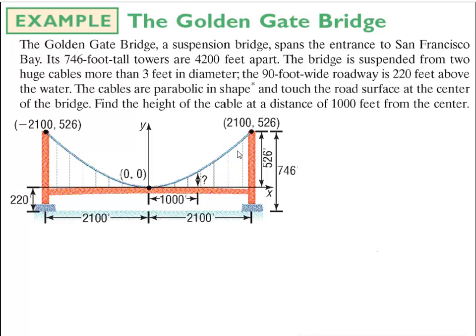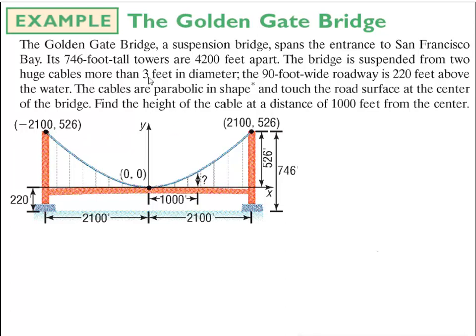Again, they tell me that the towers are 4,200 feet apart, so we're looking at 4,200 feet total distance. So half of that distance gives me to the origin, and then the other half. So this is going to be negative 2,100 on the x-axis, and this is going to be positive 2,100 over here as well. So I can plot those 2 points on the parabola.